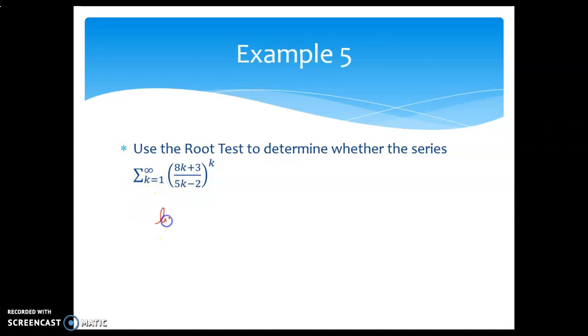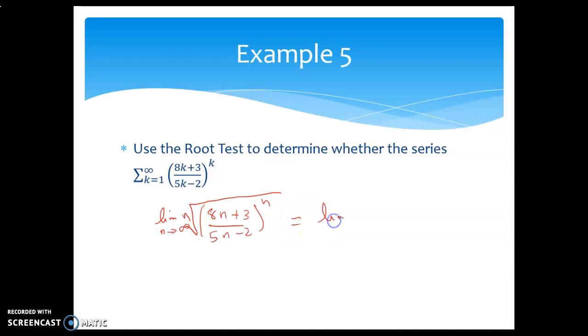Okay, same thing here. We're going to take the limit as n goes to infinity of this quantity here, (8n plus 3) over (5n minus 2), raised to the power of n, and then we take the nth root.